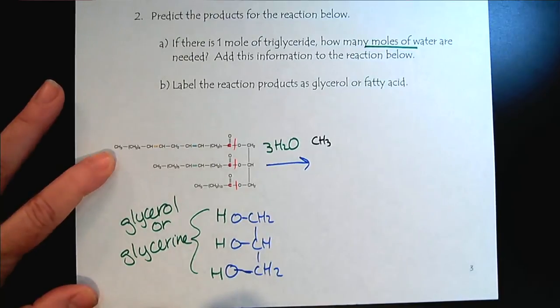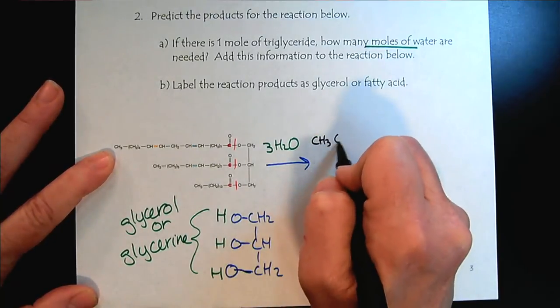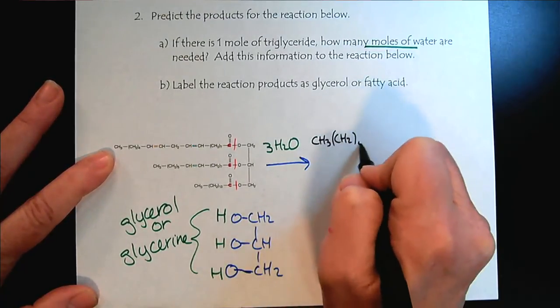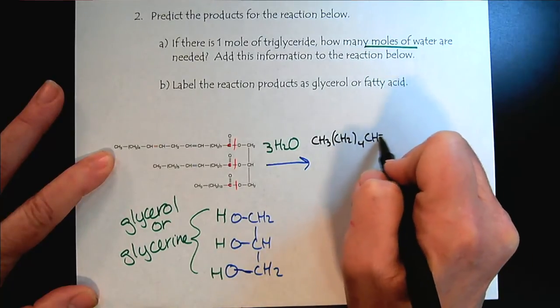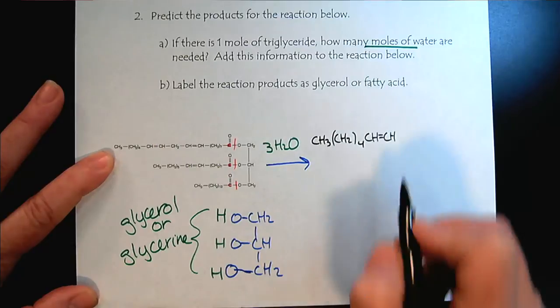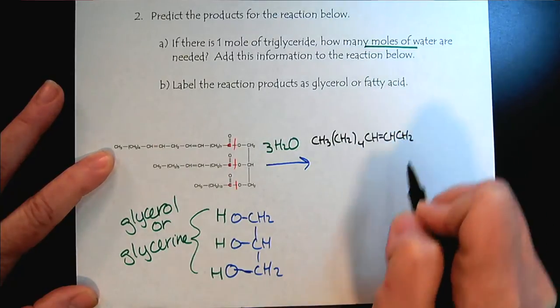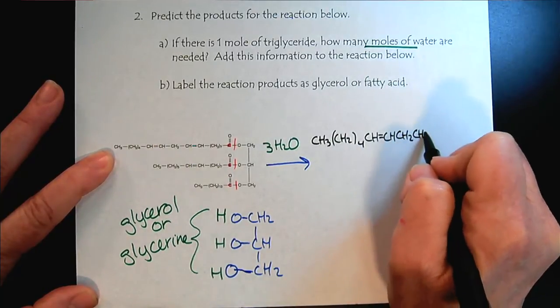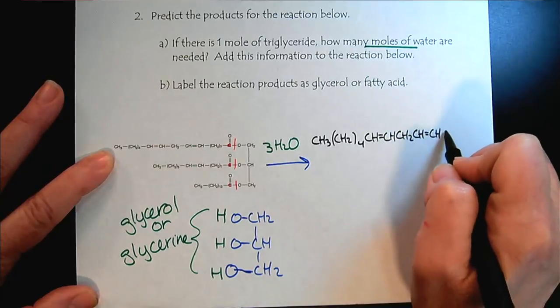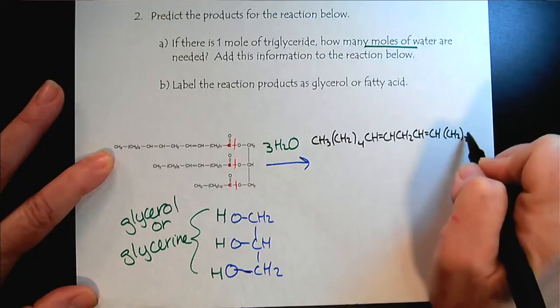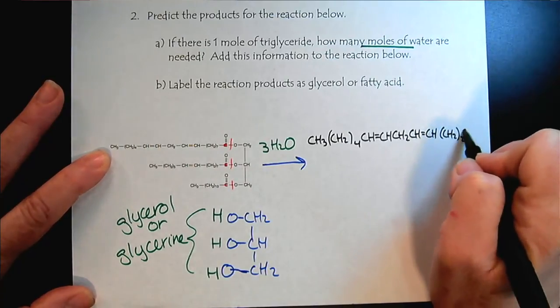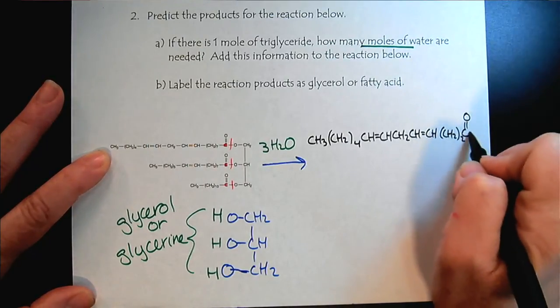Right, so we have our terminal carbon. And then we have 4 methylene groups. And then we have a double bond. And then another methylene, and another double bond, and then we have a bunch of methylenes, and then it just fits. We have our carboxylic acid.